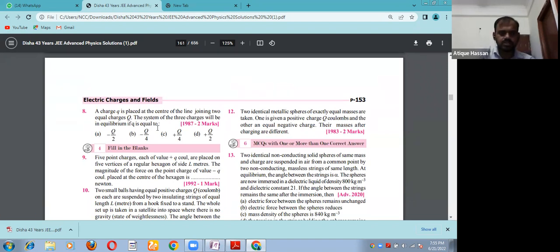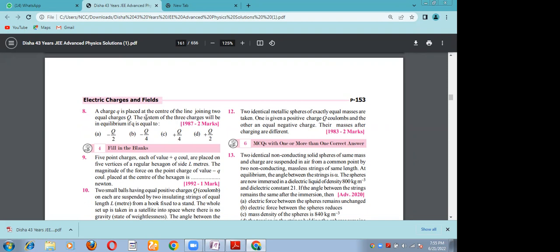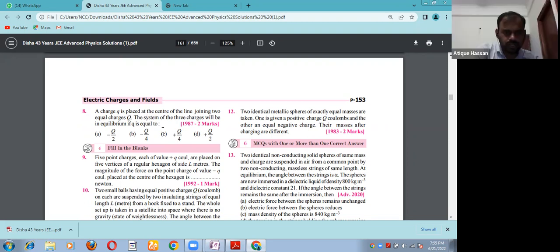Same question is question number 8. This is the same kind of charge question. It has been asked in 1986. Same kind of question which we have solved right now. You may note this question or you can try it. I will give it in the assignment, question number 8.